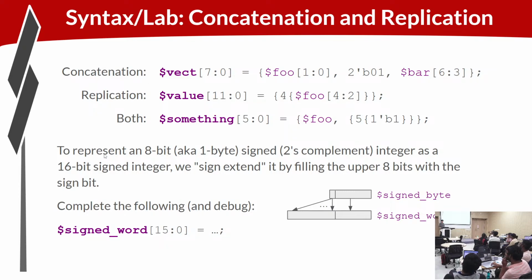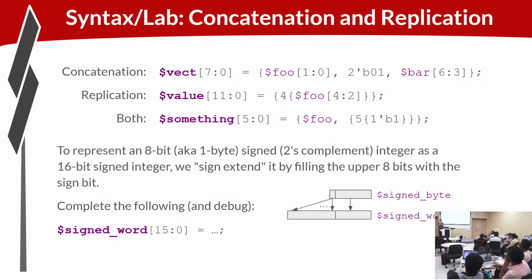Just as a little bit of fun with this syntax, when you sign extend a signed number, you take the upper bit of that signed number and replicate it. So let's look at sign extending an 8-bit value into a 16-bit value, right?